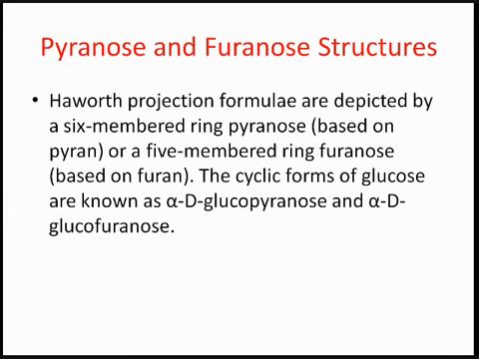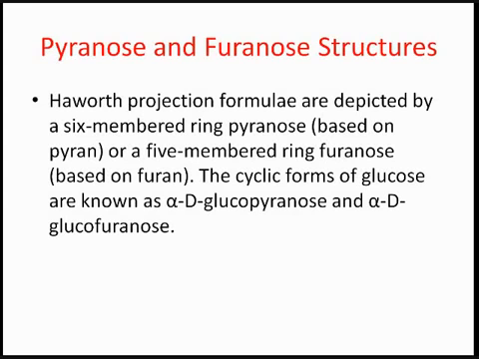So finally, we will study the pyranose and furanose structures. Haworth projection formulae are depicted by a 6-membered ring, which is known as the pyran or pyranose ring, or a 5-membered ring, furan, which is known as the furanose ring.